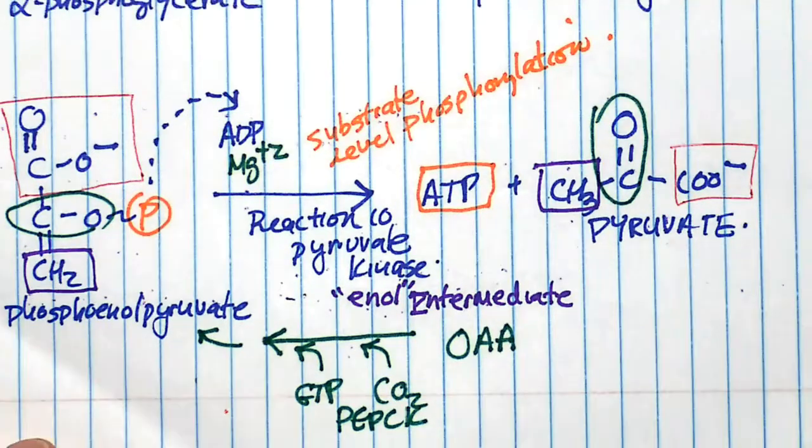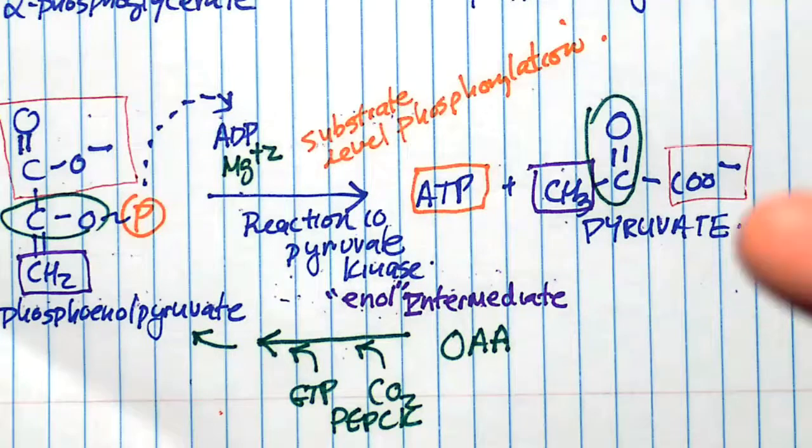They actually proceed twice, because you make one molecule of glyceraldehyde 3-phosphate that goes through reactions 6, 7, 8, 9, 10.